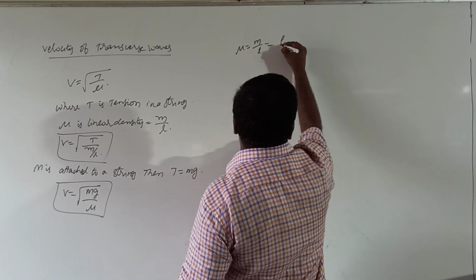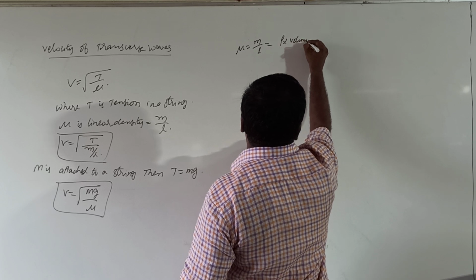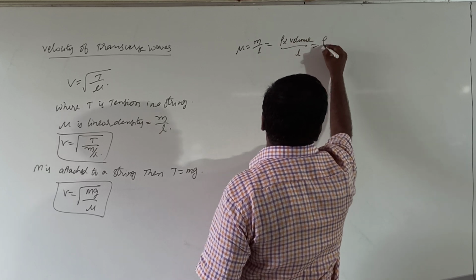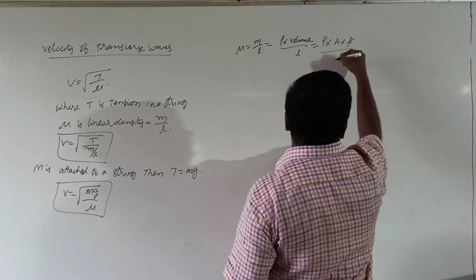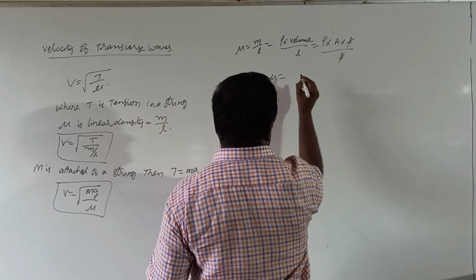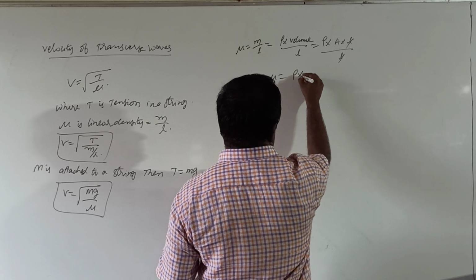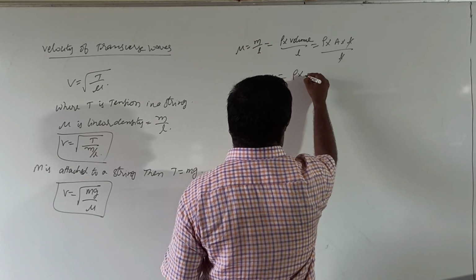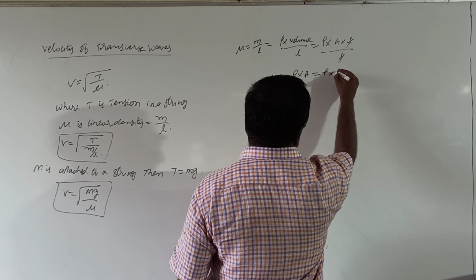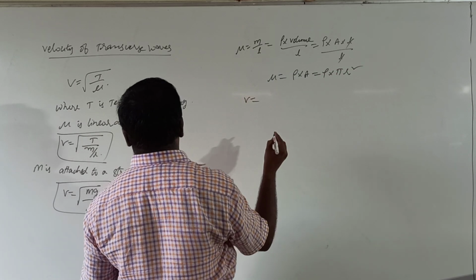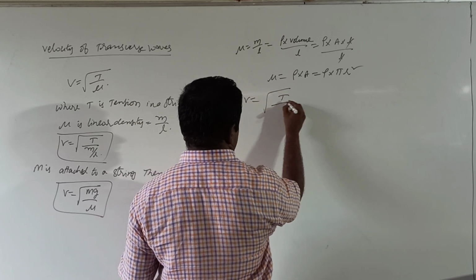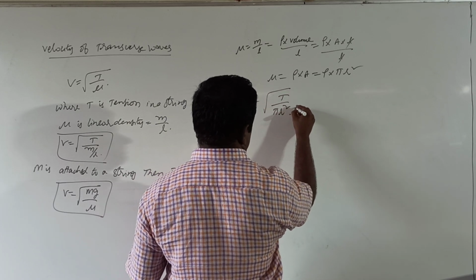Mass is nothing but density into volume, divided by length. Rho into volume means area into length, divided by L. L gets cancelled. Then linear density is the product of density into cross-section area A, that is rho into pi r square. Then the velocity of the transverse wave in the string is v equal to root over T by pi r square rho.